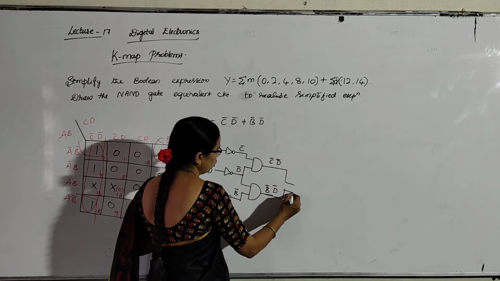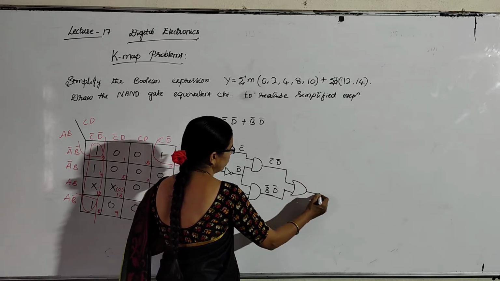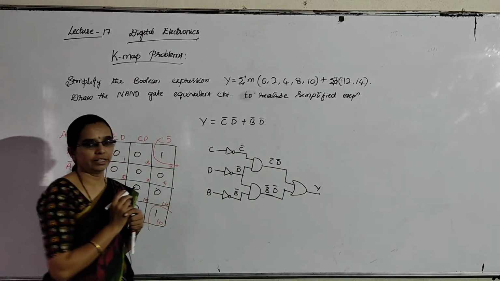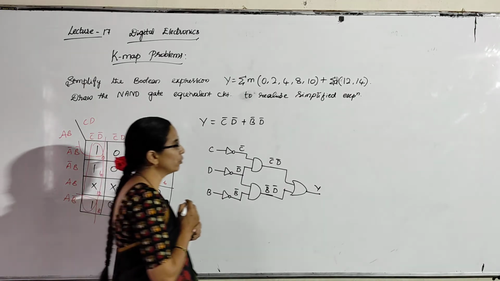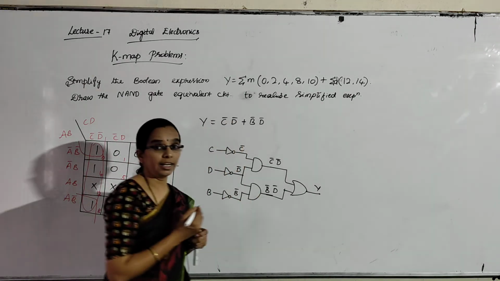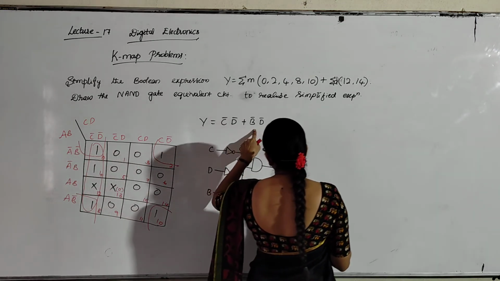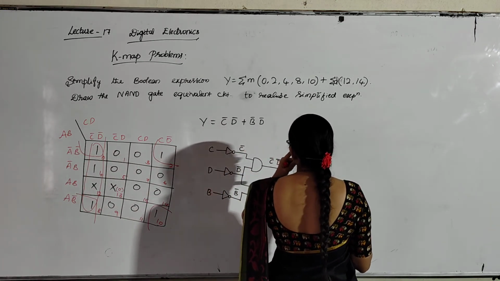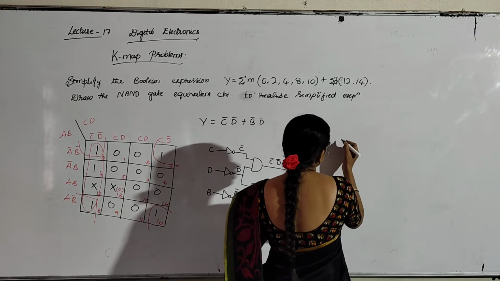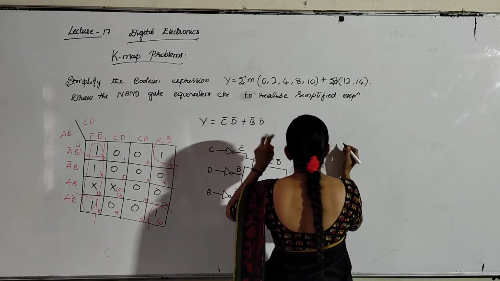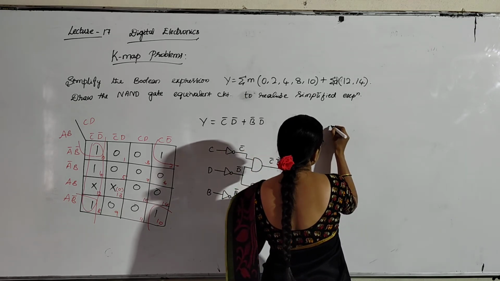Both should be ORed together, so I will put an OR gate over there, and I will get the final expression. How to draw the NAND gate equivalent circuit? Both the terms are having two variables.